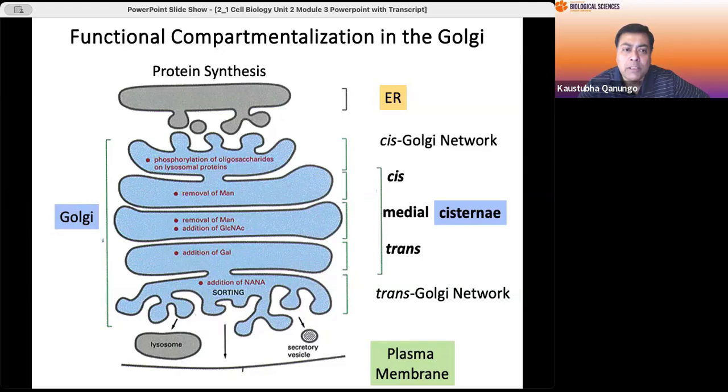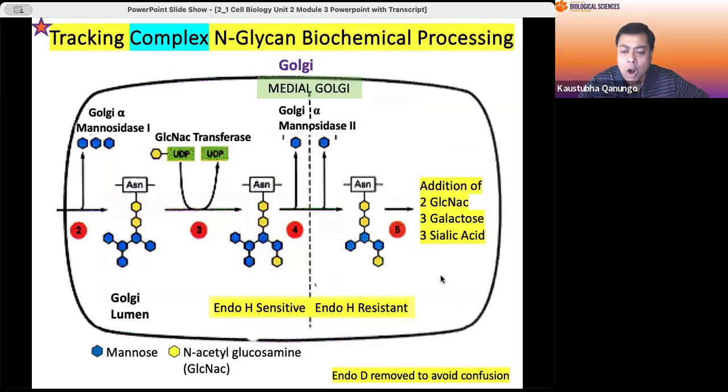We can actually study where in the Golgi our proteins are by using some endoglycosidases. Endoglycosidases like ENDO-H are enzymes which can remove glycosylation from the proteins.